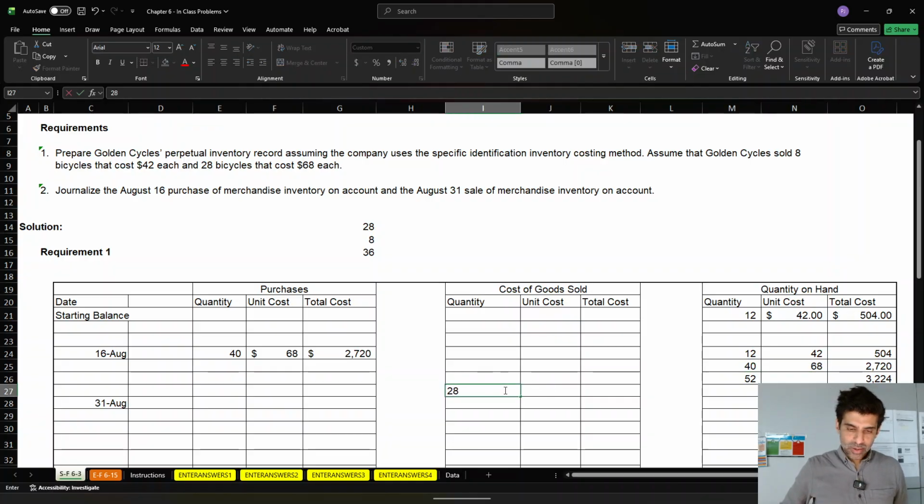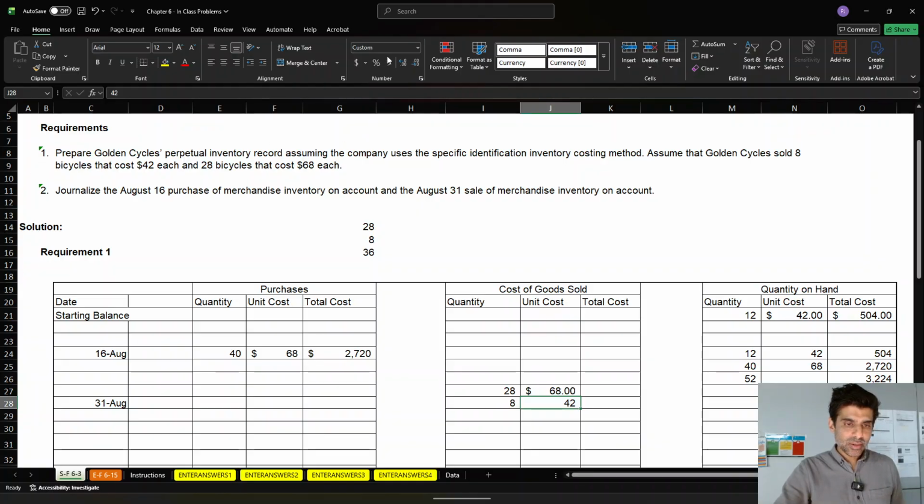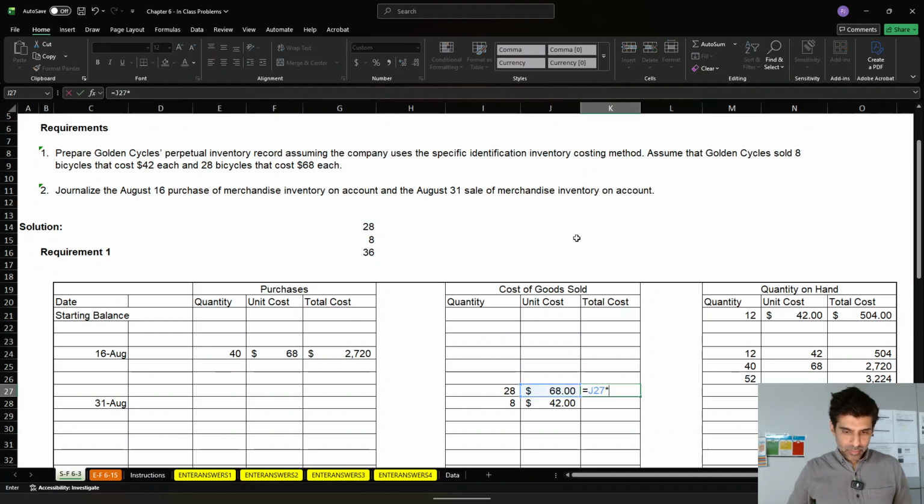So 28 were priced at $68 each. And then 8 of them are for $42 each. Okay, so the total of my cost of goods sold is $2,240.